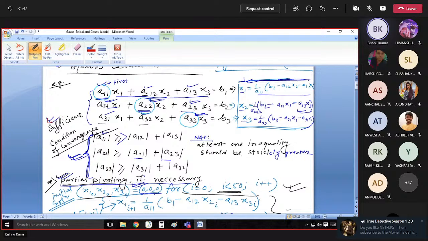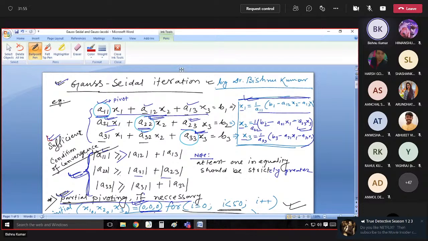Can you give some counter example, where the sufficient condition is not satisfied, yet you are using Gauss-Seidel iteration or Gauss-Jacobi iteration and getting the matching result, meaning the solution? Can you pick some system for which these 2 techniques are applicable, but this condition is not satisfied?